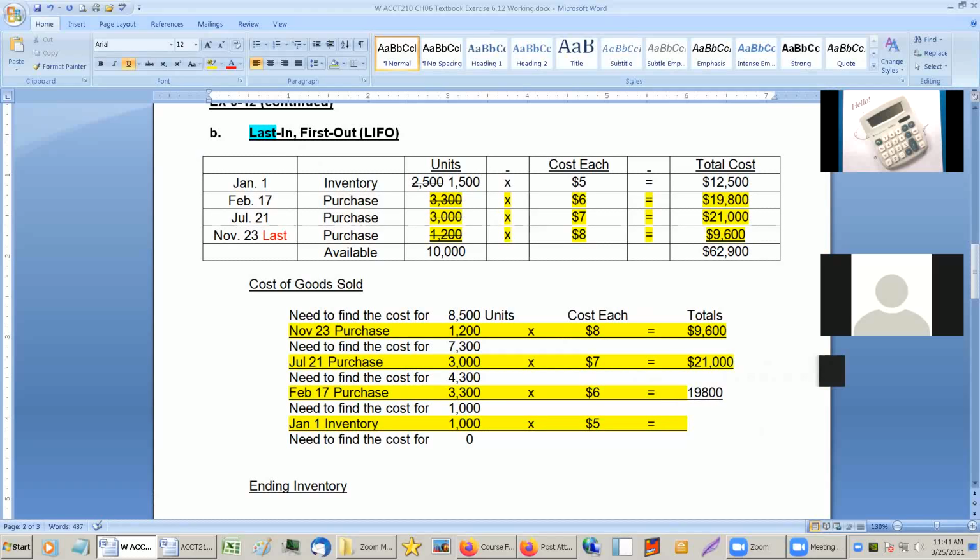Oops, wrong time. This one we have to multiply out. Good news is it's real easy. It's just 5 times 1,000 is 5,000. These lines that are underneath there are confusing.